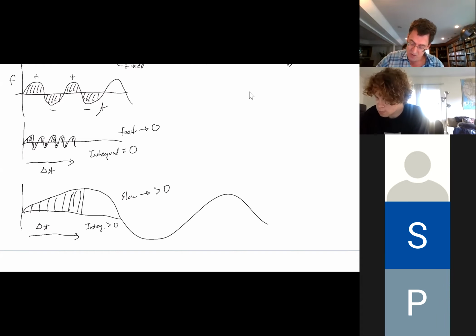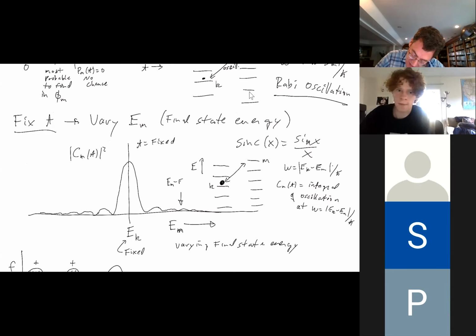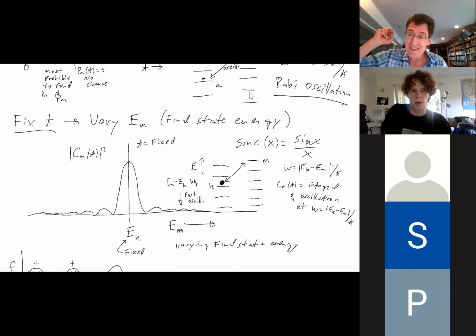And so that's what we're seeing here. Because look, here is a place where Em minus Ek is big. That means that this is a fast oscillation, and when I integrate the fast oscillation, the accumulated amplitude is zero, or small.